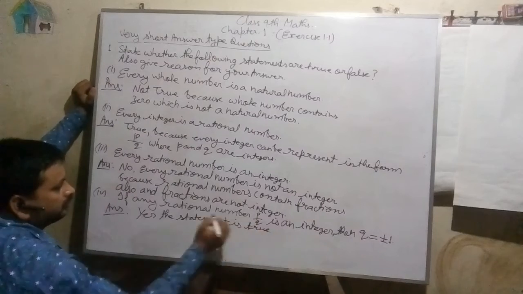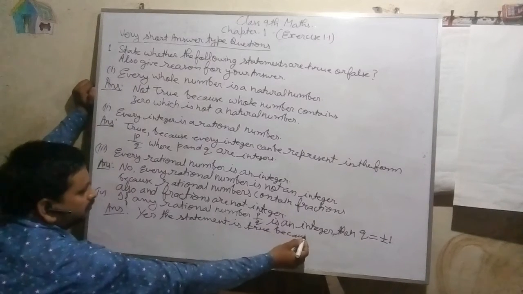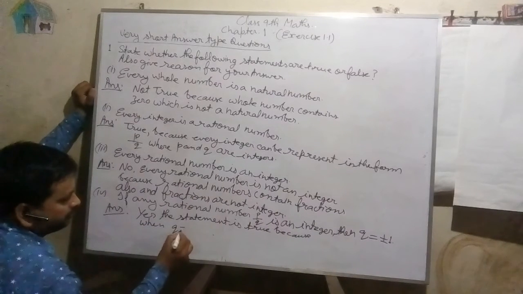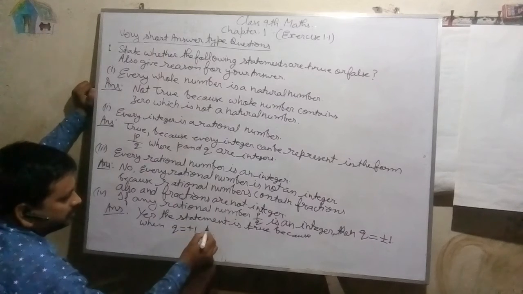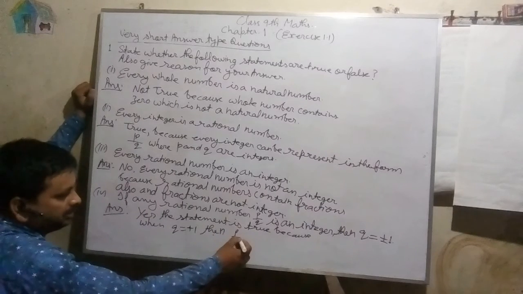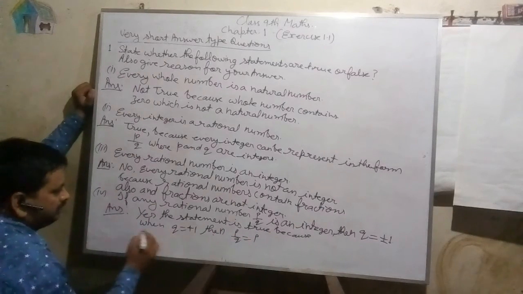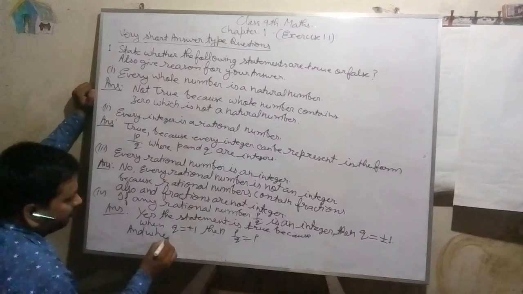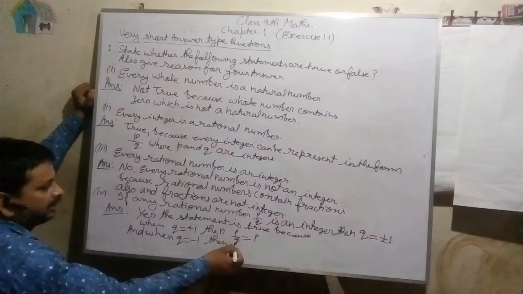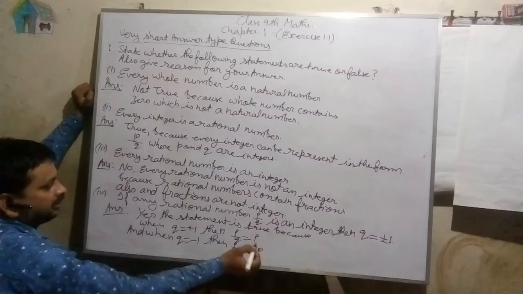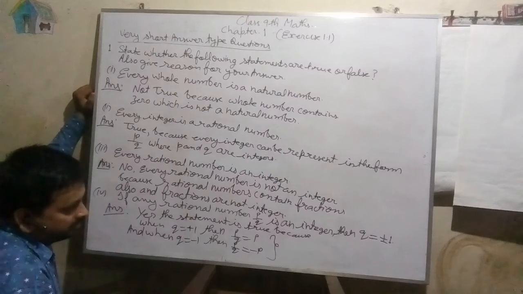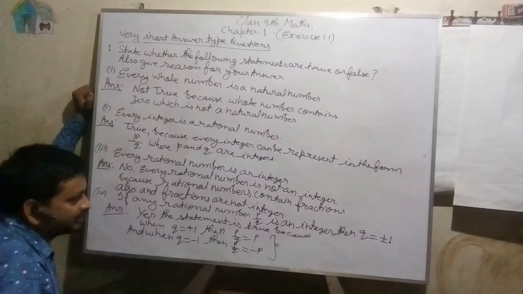When q equal to plus 1, then p by q equal to p, and when q equal to minus 1, then p by q equal to minus p, which are integers and rational numbers also.